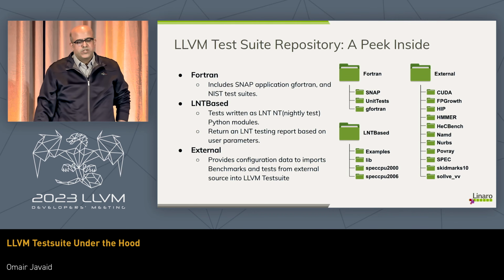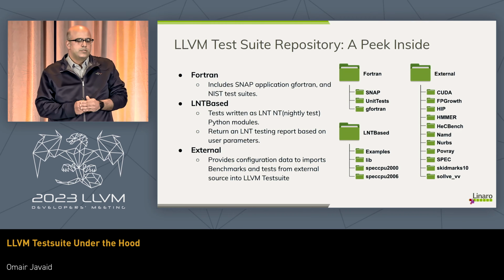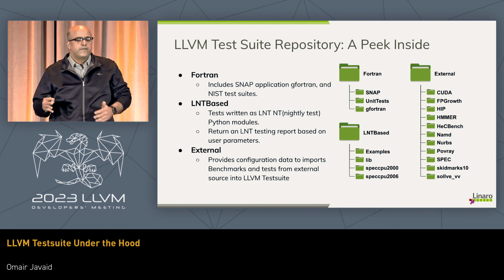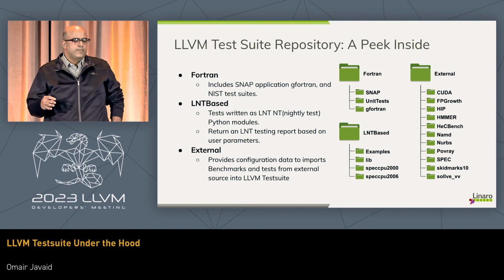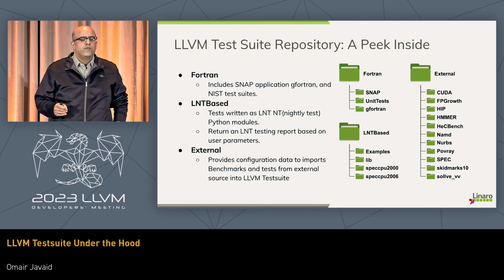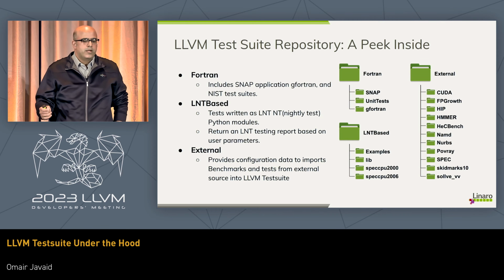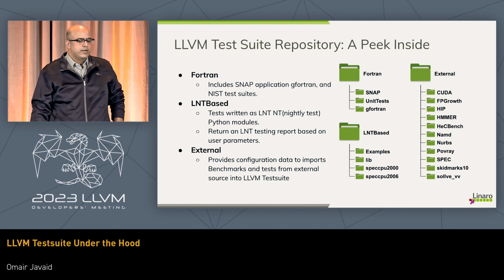The LNT based folder has Python modules and scripts which help you run tests with LNT infrastructure. It is also a bit disjoint from the rest of the test suite, but it also has a README if you want to write LNT-based tests, which are directly called and run by LNT, rather than being run by the CMake and lit infrastructure of the LLVM Test Suite.